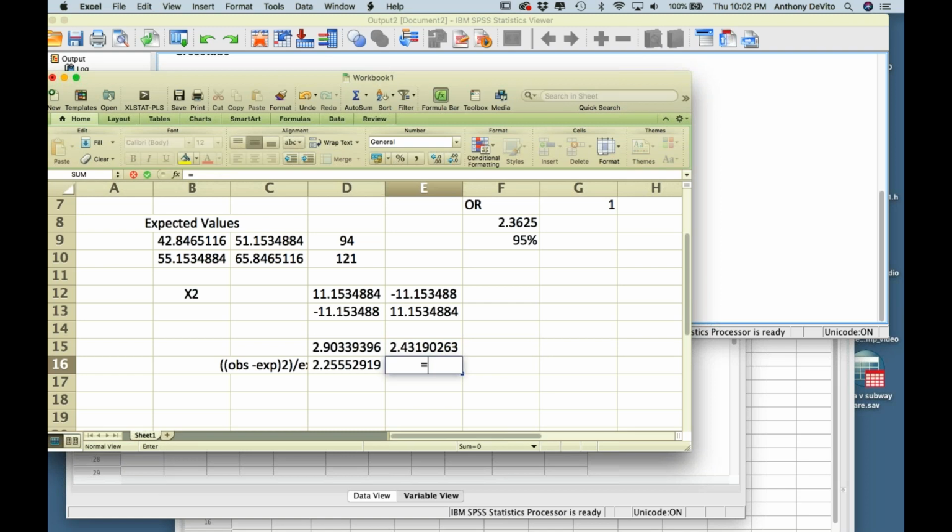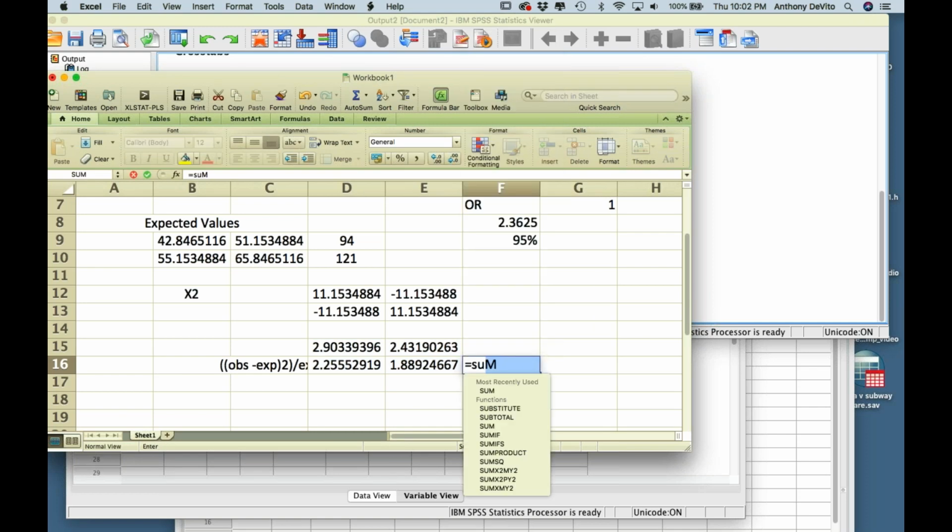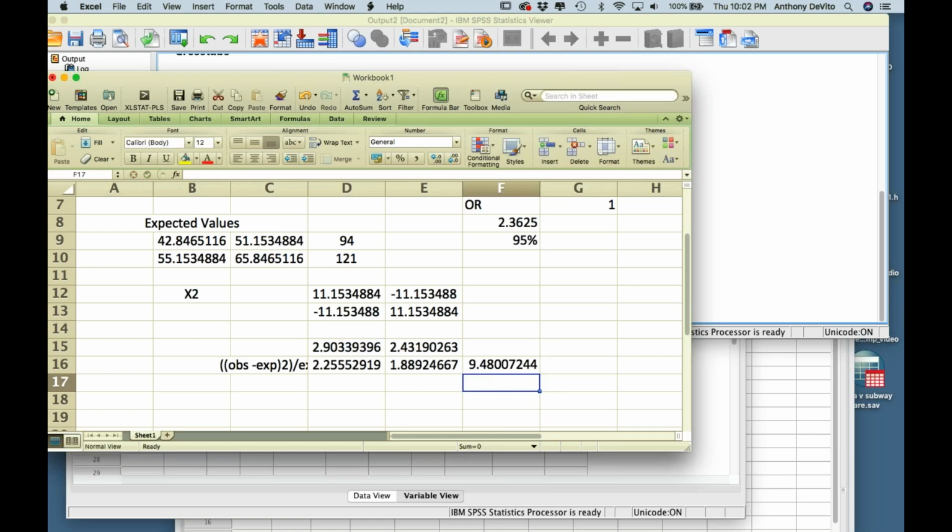And the last one is going to be equal to the observed minus expected value times itself, divided by the expected value for that cell. That one's a little bit smaller. And my chi-square value is going to be the summation, the sum of all of these, and it turns out to be 9.48.